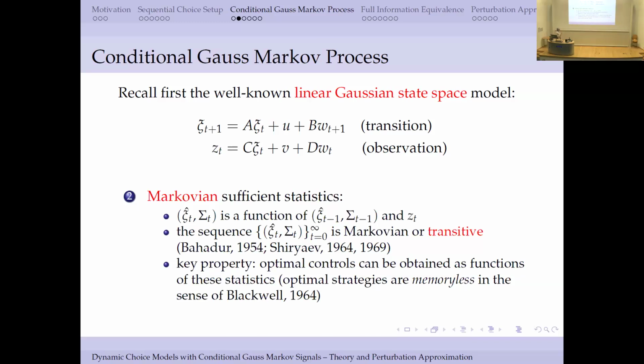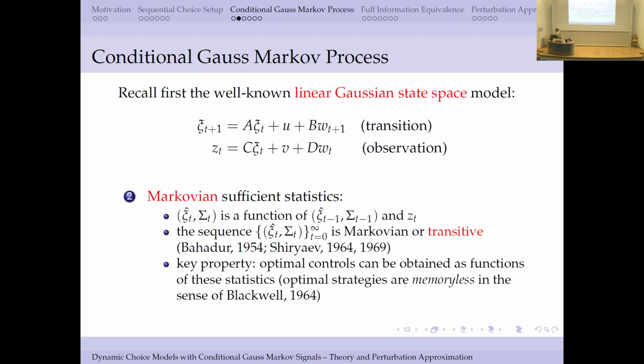This Markovian property is very important. Why? In some literatures, this property is called transitive. This is the statistical decision theory literature, which uses this notion of transitive sufficient statistics.